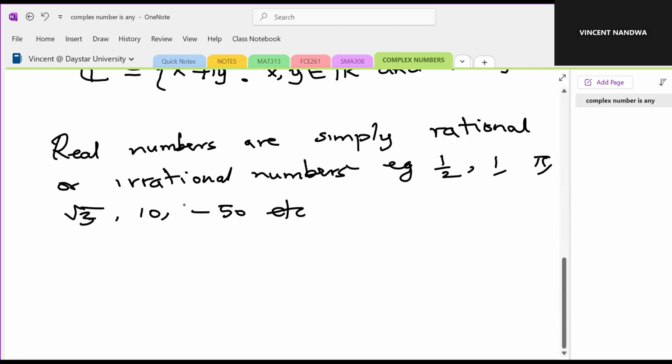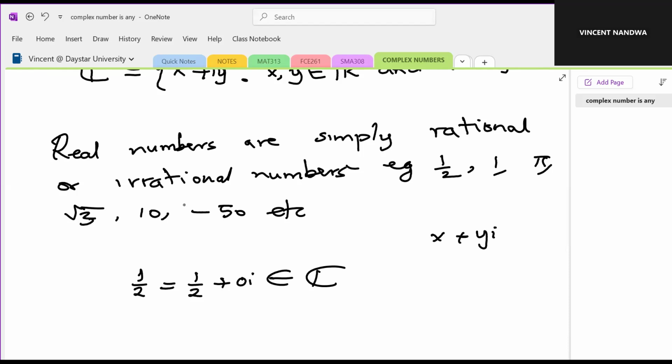So we can see that a number like a half, which is a real number, can be written as a half plus 0i. When you write a half as a half plus 0i, this form is in agreement with what we are saying, that a number that can be written in the form x plus yi, where both x and y are real numbers. So 0 and a half are real numbers, and when you view a half as a half plus 0i, this becomes a number in the complex set.